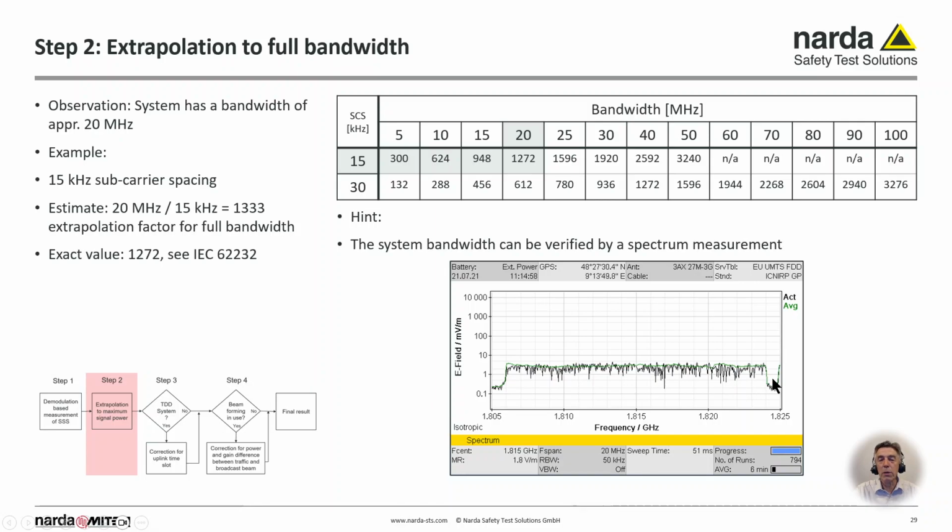If we want to know the value exactly, we go into the IEC 62232, and here we find a table which tells you that with a subcarrier spacing of 15 kilohertz and the 20 megahertz or 80 megahertz system, we have 1,272 resource blocks running parallel. So by this factor, by 1,200, we have to multiply our result to have the entire power over the whole bandwidth which is reserved for this service.